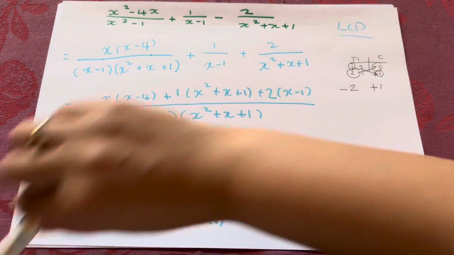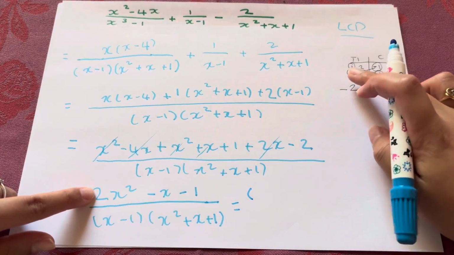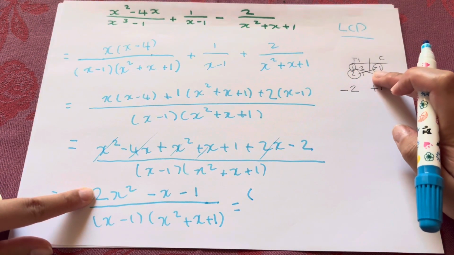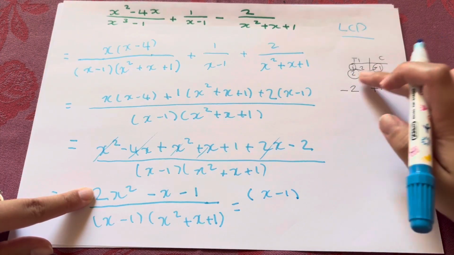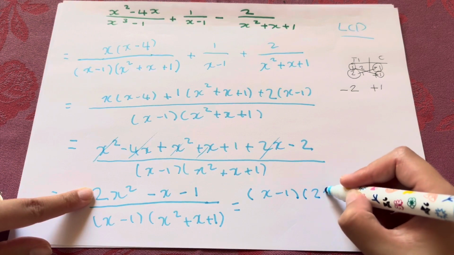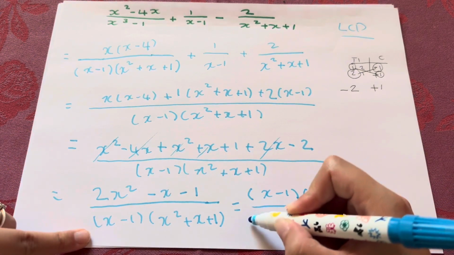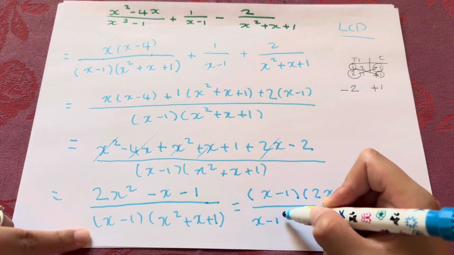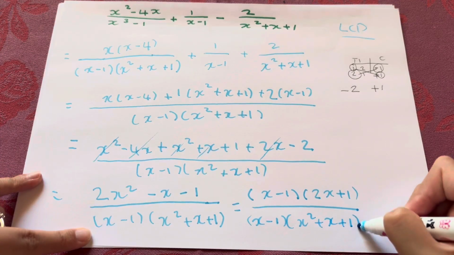All right, I have everything I need now. So the numerator becomes x minus 1, and then the second bracket becomes 2x plus 1, all over this expression here, which is x minus 1, x squared plus x plus 1, which is a monomial.